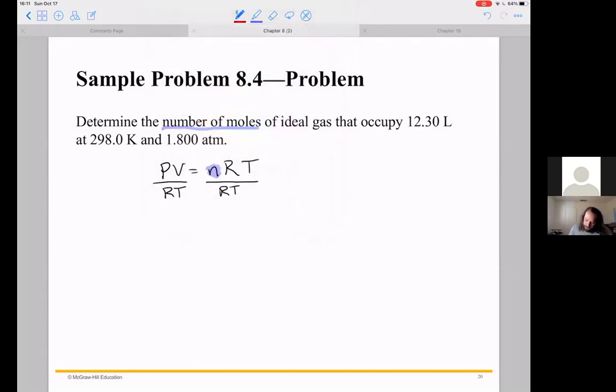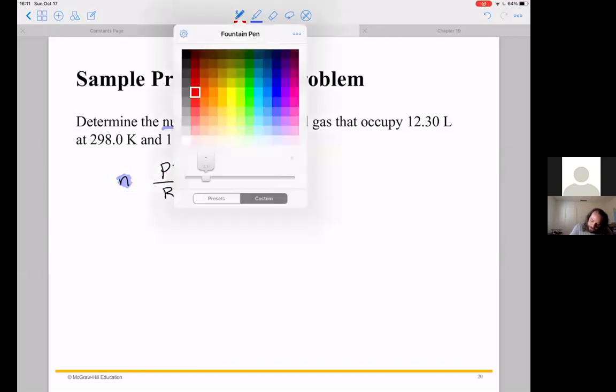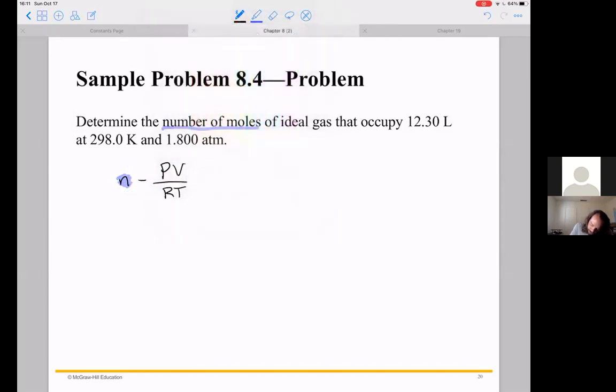So on the right side now, R will cancel and T will cancel. And so we're left with n equals PV over RT. I'll move this over here just because that's the way that we're used to looking at it, although it doesn't really matter. So by taking my ideal gas equation and rearranging it, I got n equals PV over RT.